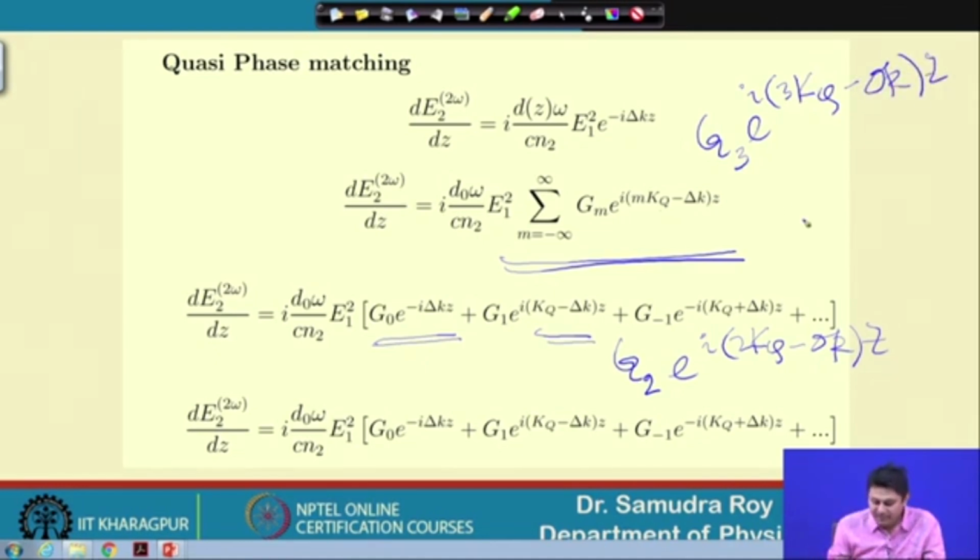For the negative case, I just put a negative sign here, and this negative sign and that negative sign I can take common, so it should be minus i (2 k_q plus delta k) z when m equal to minus 2, and so on. So this term will go on.